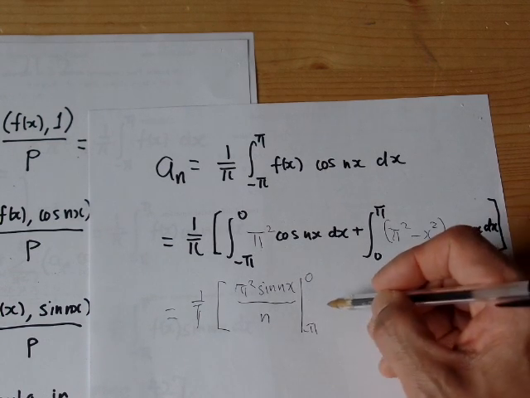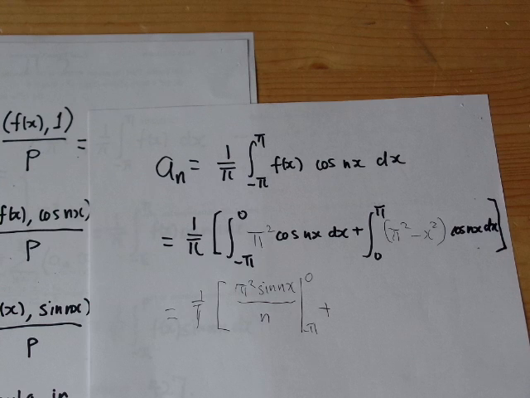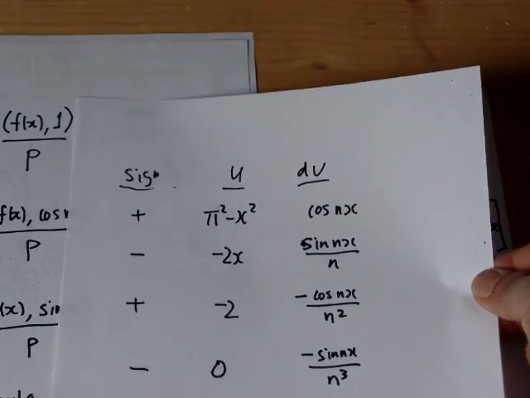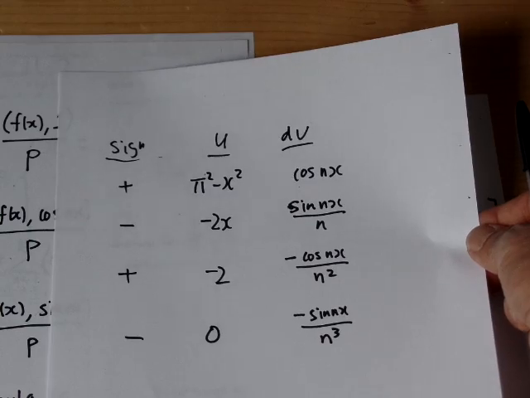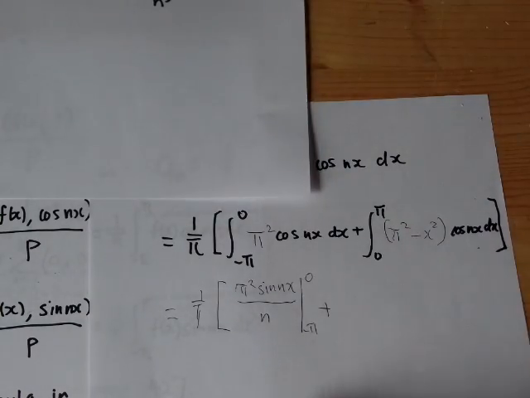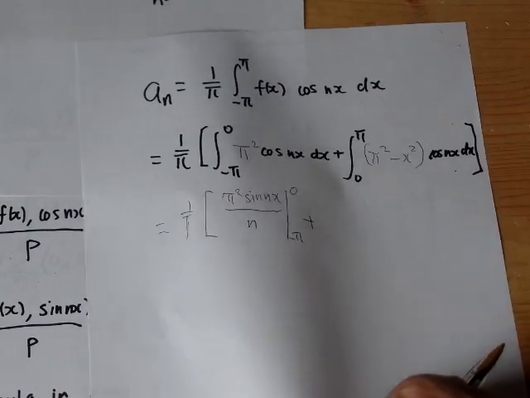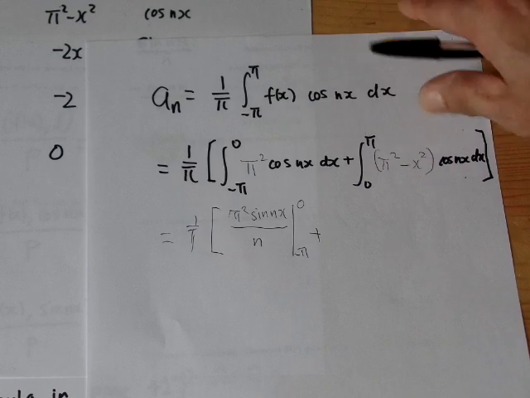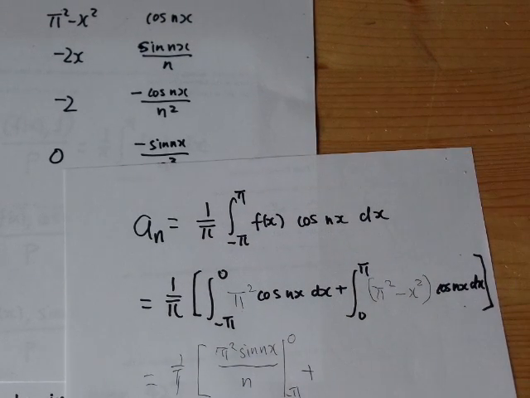But for the other one, we need some kind of tabular method, and I have the tabular method done here. So if you can see, here is the tabular method for that problem. So if I put it up here, let's see if you can see it. The answer will be 3 different terms.